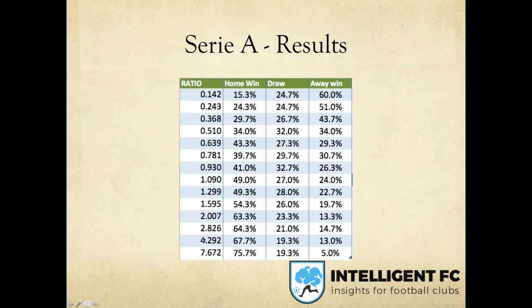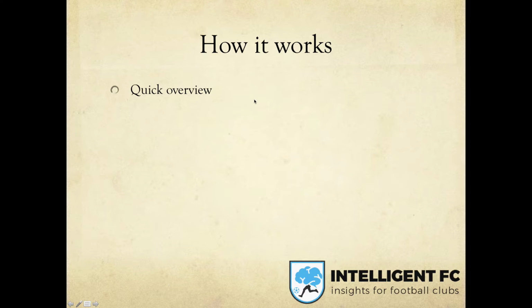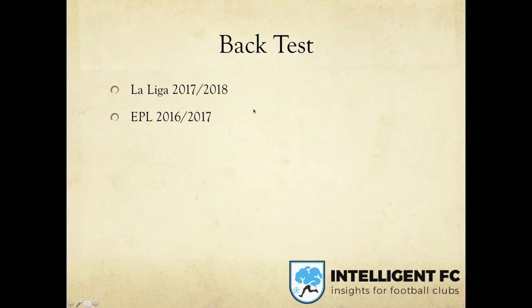Now, as we move away from this, you can see that if team A is 4 times more expensive than team B, well, now their probability is much, much higher. And likewise, if the home team is much less expensive than the away team, they only win an average of 15% of the time.